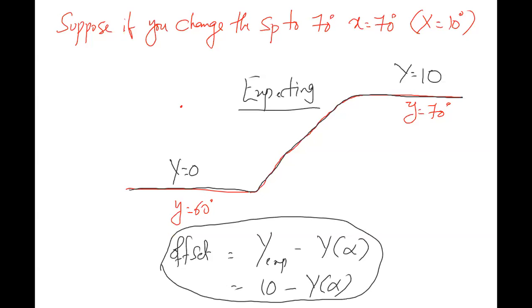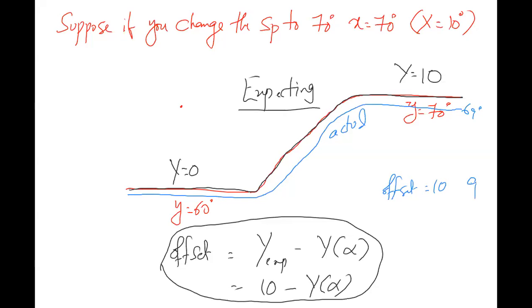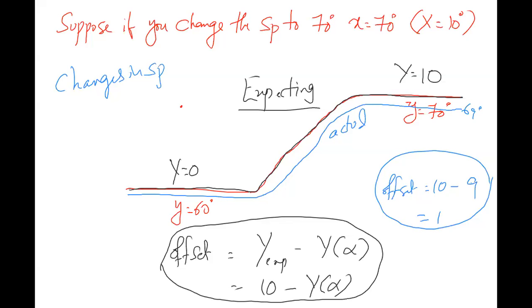Suppose the reality starts from 0 and maybe settles at, let's say, 69 degrees. This is the actual. Then my offset is, I'm expecting a change of 10, but I got a change of only 9 degrees. So my offset is 1. So this is the offset for changes in set point.